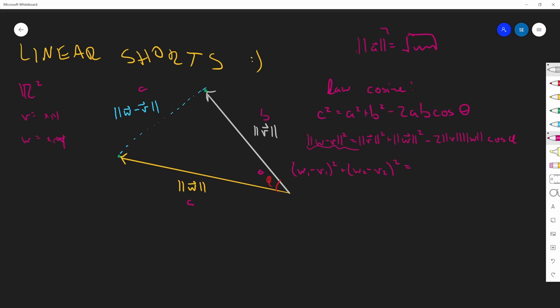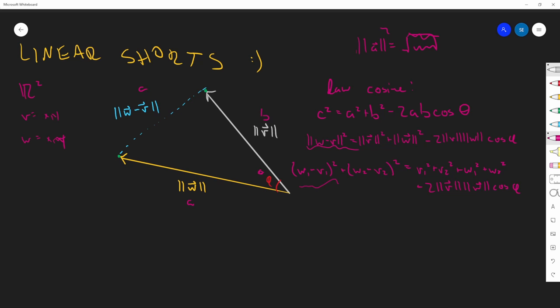So when you square it, that square root is gone, and you're just left with the components quantity squared. So for v squared, it will be v1 squared plus v2 squared, and w will be w1 squared plus w2 squared, and then we are going to keep the minus 2vw cosine of phi alive, because there's nothing much we can really do.